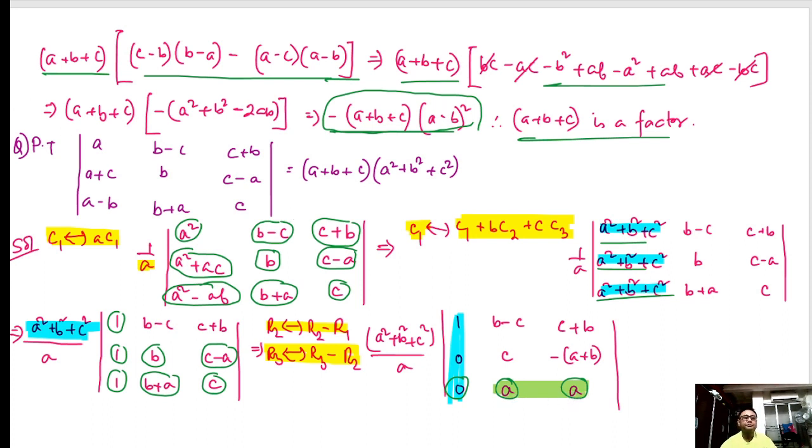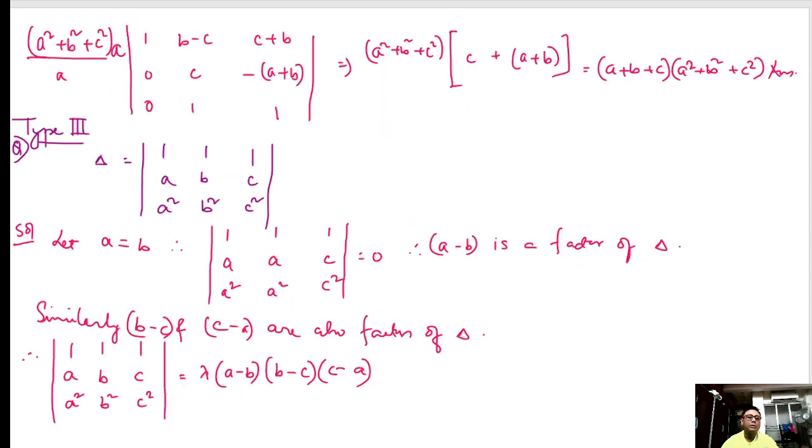Clear? So here is that A, and this A will cut out. Now expanding along the first column, putting plus, minus, plus, and we have to choose only this part. Solving it, we are getting this as the answer.